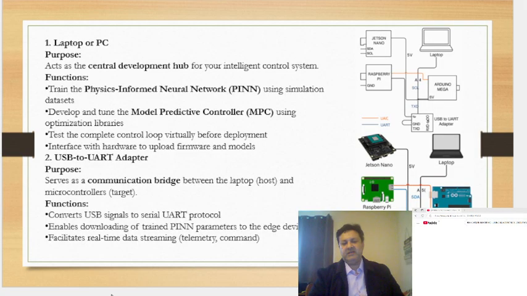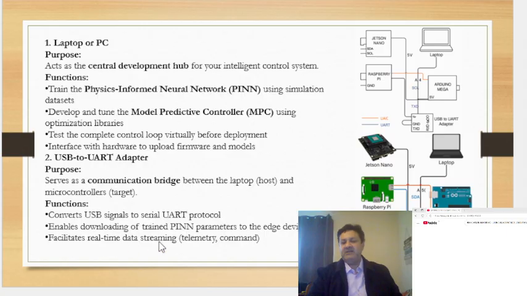Let's talk about the laptop. The user uploads models, reads logs, and adjusts the code. Let's say I'm doing an algorithm, I'm uploading the models, reading logs and data, and I adjust the code, right? So where will the output be sent? It sends config or monitoring commands to Arduino. This will be sent from the laptop to Arduino.